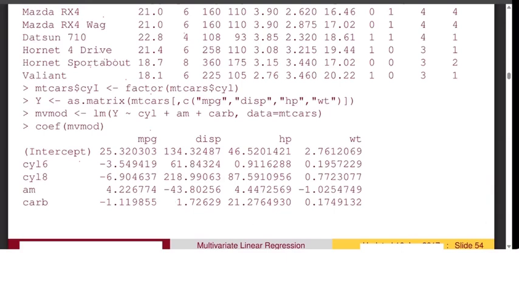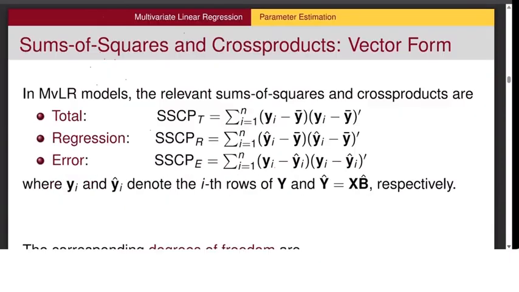Working with a multivariate or multiple linear regression, we also want to talk about, you remember we talked about decomposing the total sources of variation into various components when we were dealing with a single response. We're also going to do the same in the multiple response.